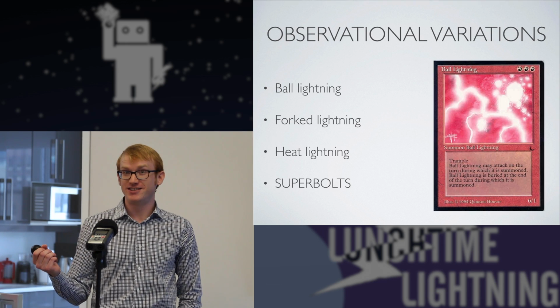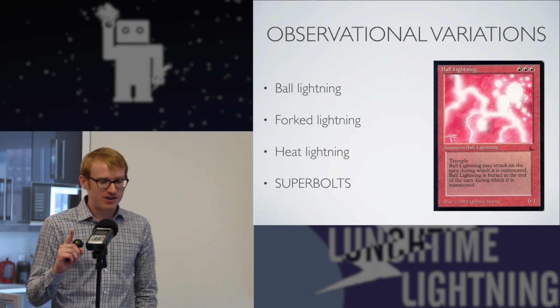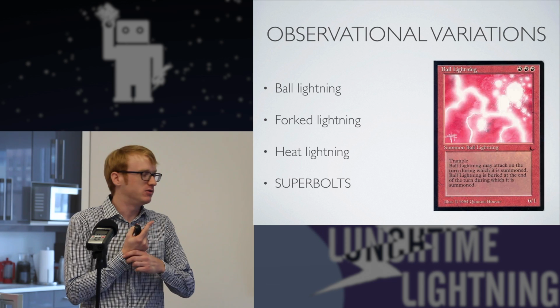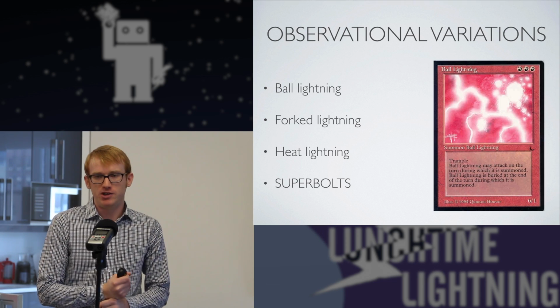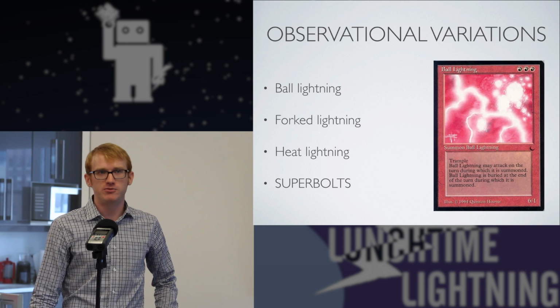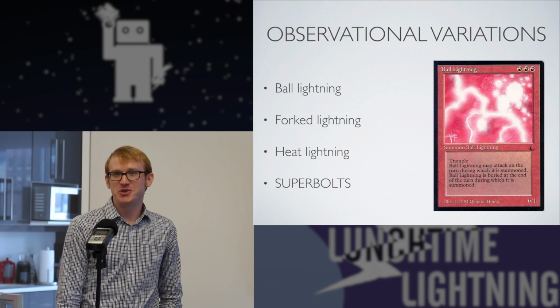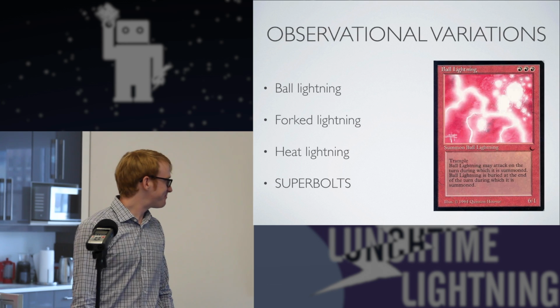Super bolts are awesome. Super bolts are 100 times brighter than a normal lightning bolt, and they happen about 1 in a million. 1 in a million lightning bolts are super bolts, and they're just really big, strong lightning bolts. But they have a great name.